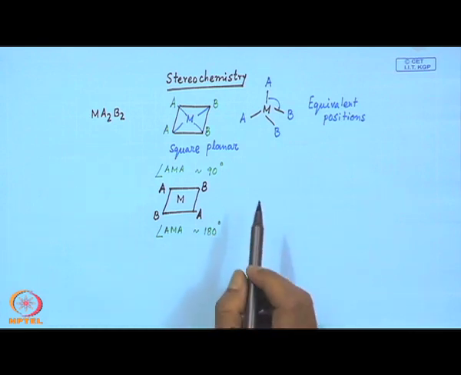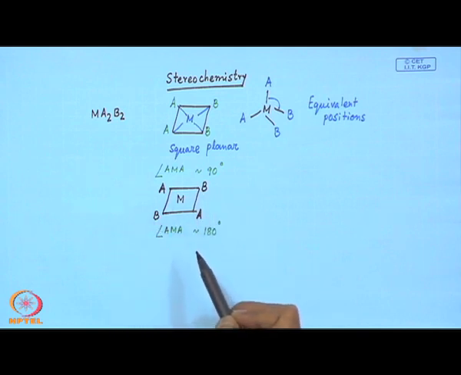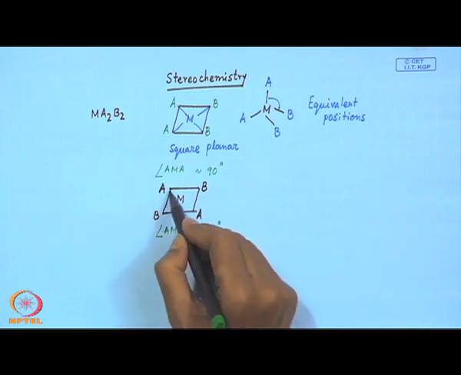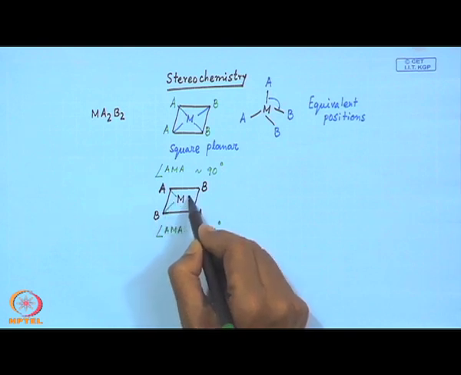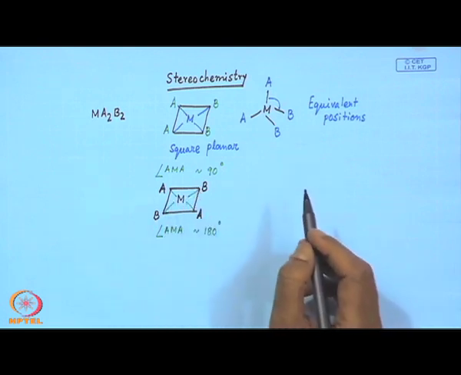So, this spatial arrangement for these two types can give rise to two different isomeric arrangements.